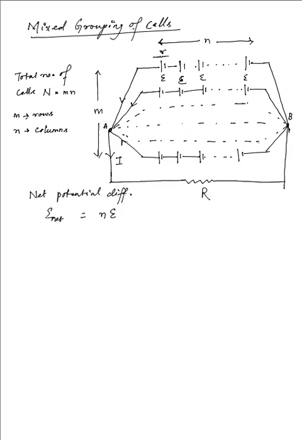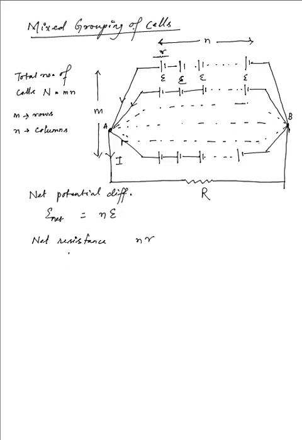Now that being the net potential difference, what is the net resistance which can give us the net current flowing through the circuit? Now the net resistance across the given circuit: across each wire for the parallel combination, R being the internal resistance, n number of such resistances are internally in series, so the net resistance across each row will be equal to n times R. But that is not all. n times R, but we have m such parallel combinations.